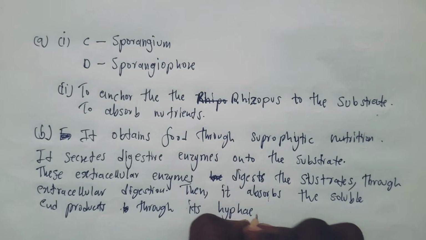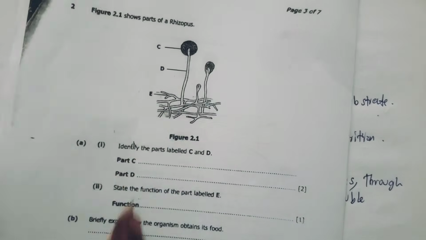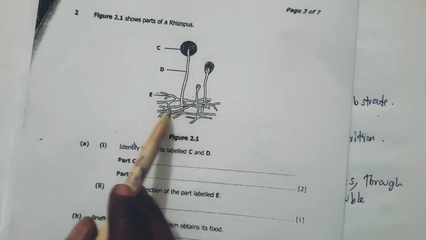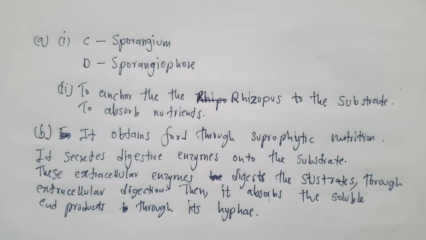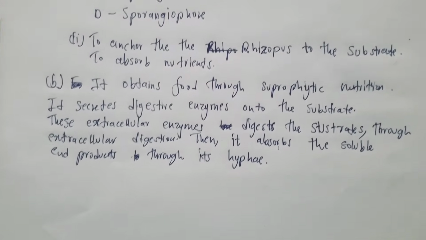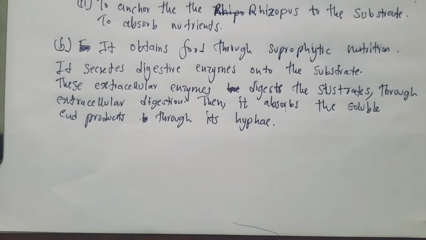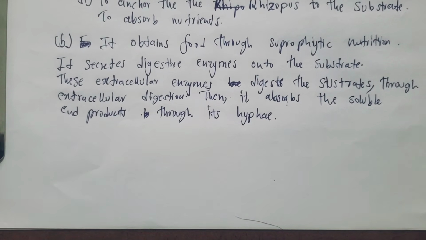The hyphae is the body, this entire body, this entire thing. So it will now do what? Absorb after digesting. This is basically what you need to explain on how it obtains food. This is very important. Sometimes they give it more than 3 marks, up to 4 marks. So you need to master this question.